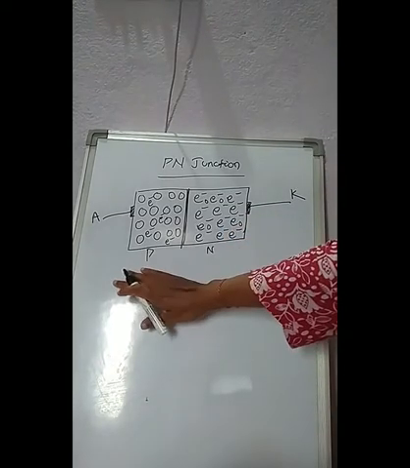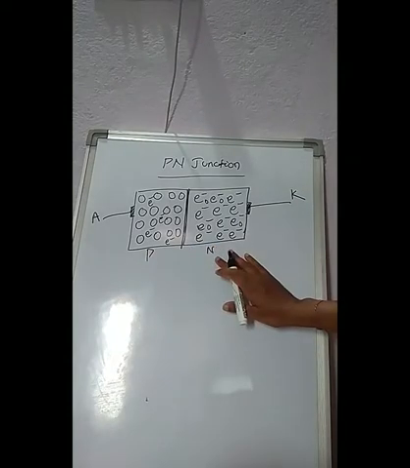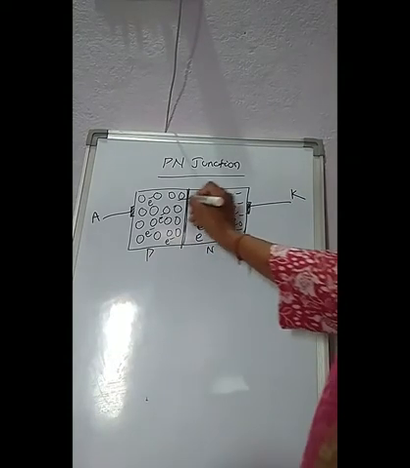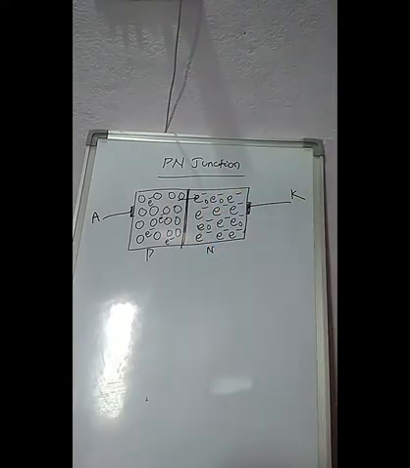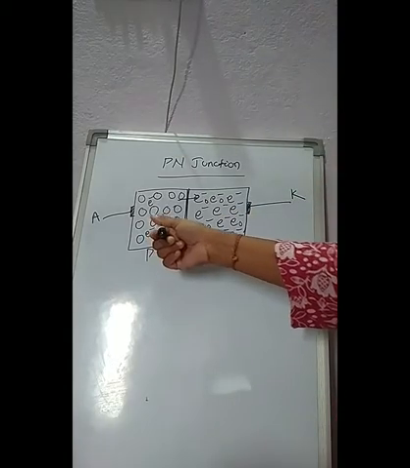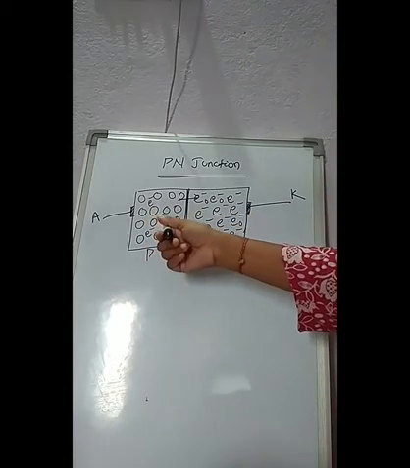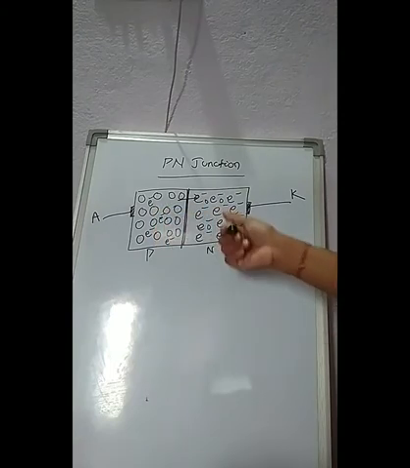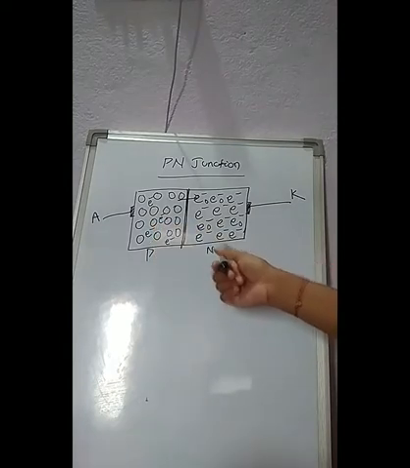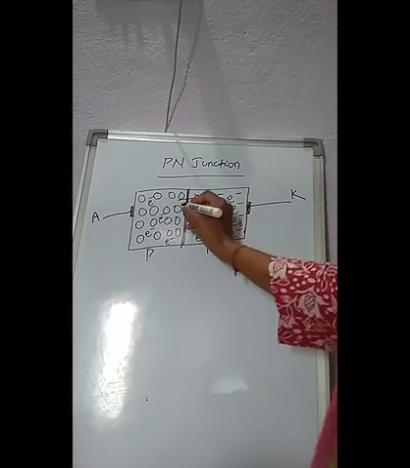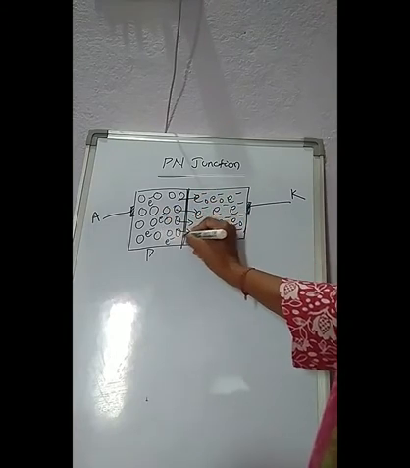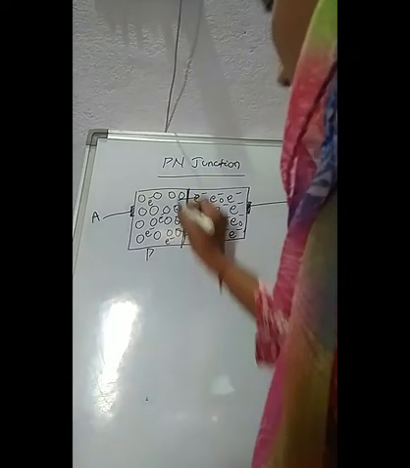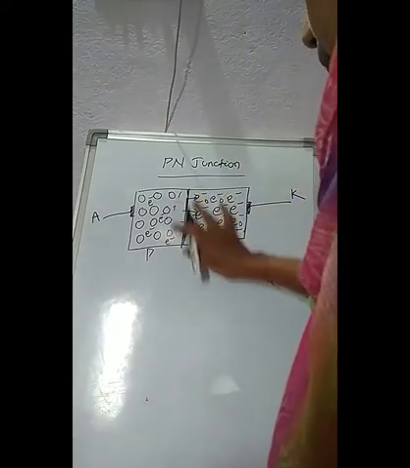So when we diffuse the P-type material with the N-type material, what happens? There is a diffusion between these holes and electrons, because here the holes are the majority charge carriers, meaning the concentration of holes is greater here, and here the concentration of electrons is greater. So when P and N type material are joined, there is a diffusion between holes and electrons. After the diffusion, what happened?